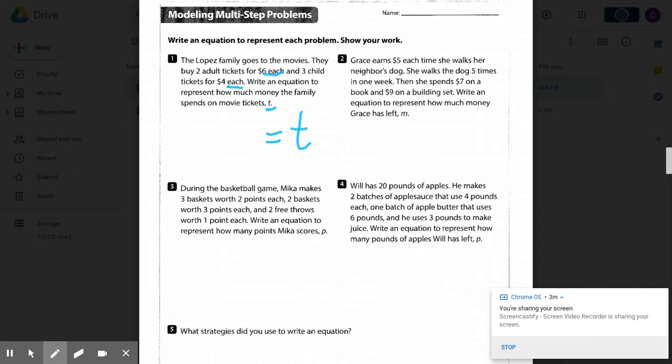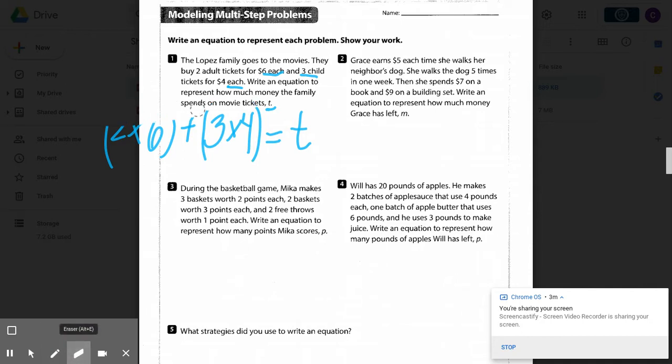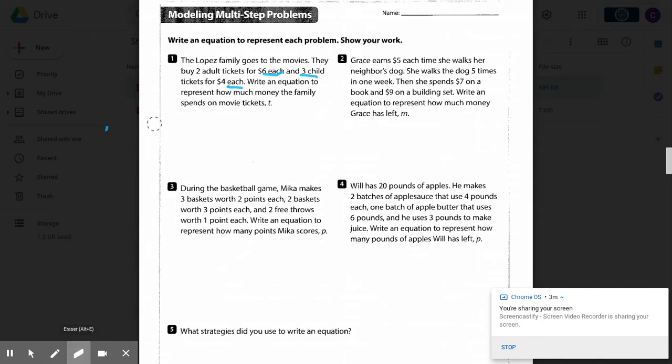So we can do 2 times 6, and there were 3 child tickets for $4 each, plus 3 times 4. So 2 times 6 plus 3 times 4 would give me my answer of how much money the family spends on movie tickets. I could also do this with repeated addition.